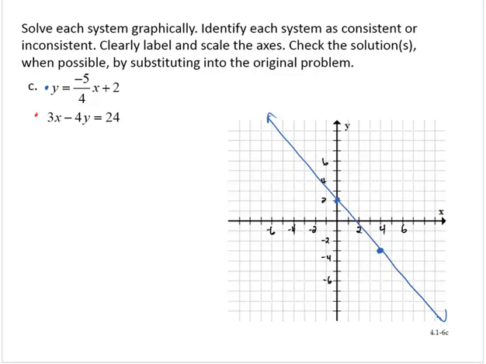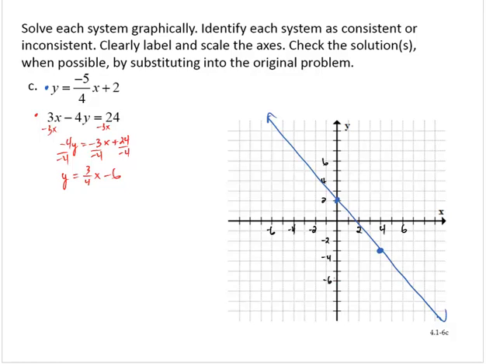And the second equation, 3x minus 4y equals 24. Let me put it in slope-intercept form. I'll subtract 3x from both sides. Negative 4y is equal to negative 3x plus 24. And dividing through by negative 4 each term, y would equal 3/4 x minus 6.